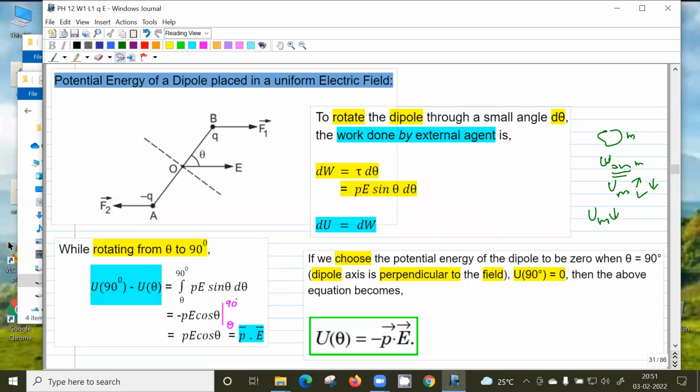Since it's uniform, both F1 and F2 are the same magnitude, but the directions are opposite. So suppose I try to rotate this dipole in this direction, anti-clockwise. I have to do some work. So when I try to rotate this dipole and the dipole becomes like this, then the potential energy has to increase.